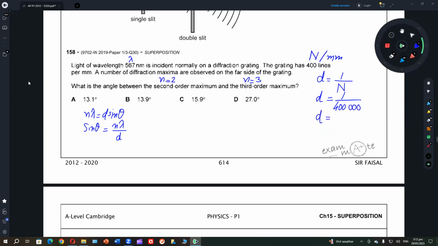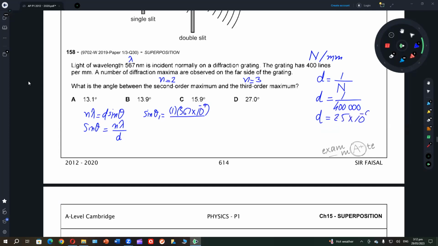This is the way to calculate d. It is 2.5 into 10 minus 6.